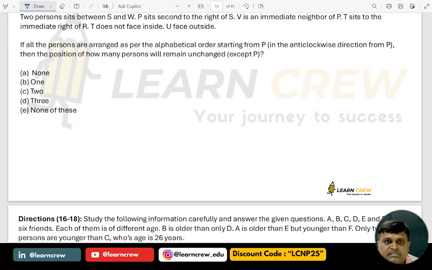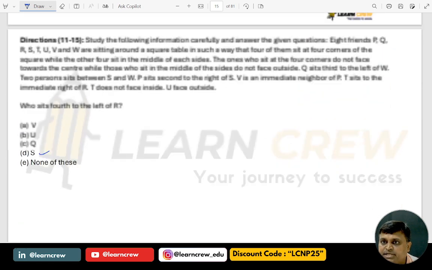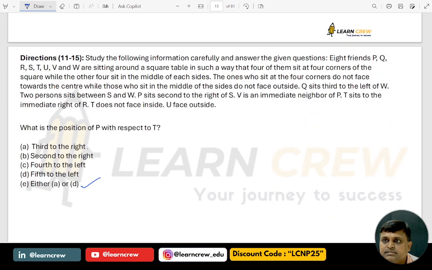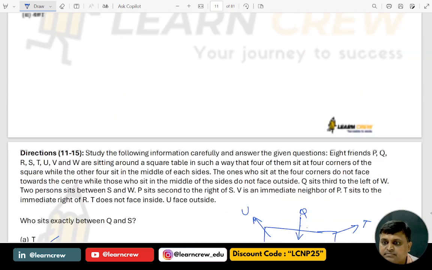In how many people's position will not be changed?